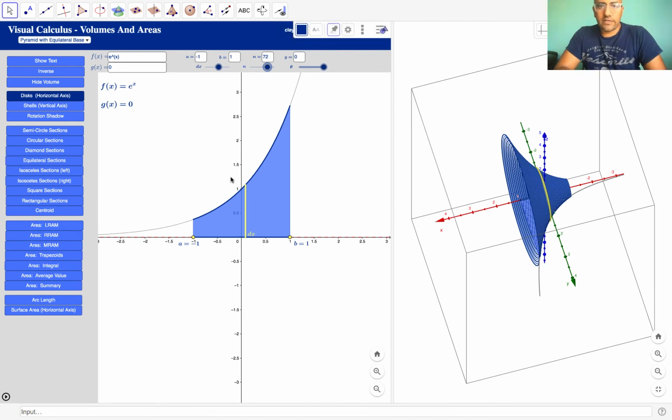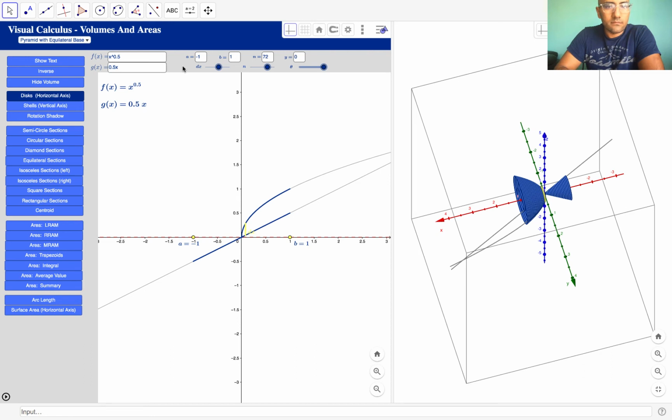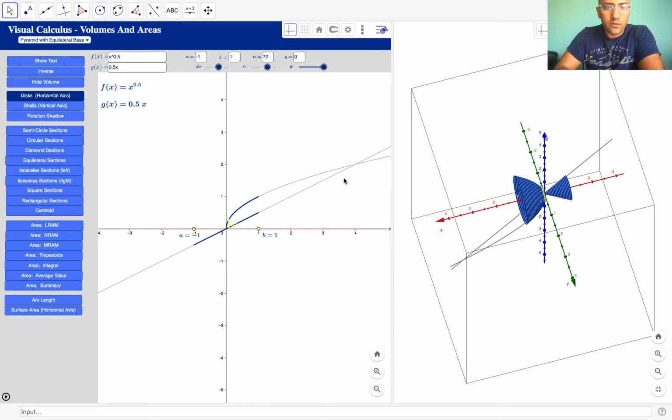Okay, so now let's use technology to get a better image of that. The functions we're working with were square root of x, x to the power of 0.5, which gives me positive root x, and the other equation was 0.5x. So that's the other one. Let me zoom out a little bit more.